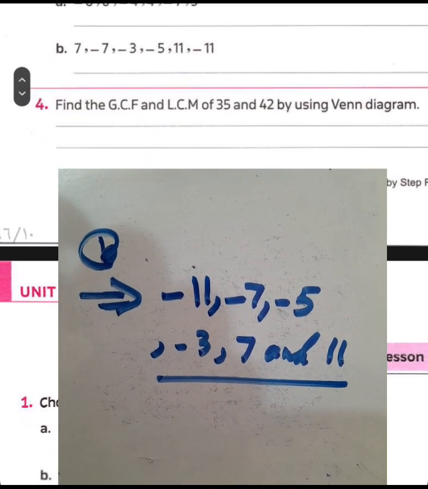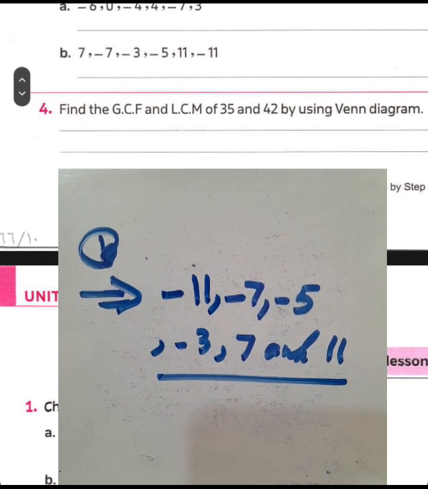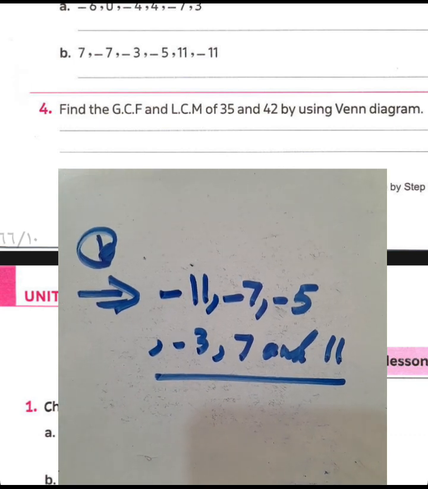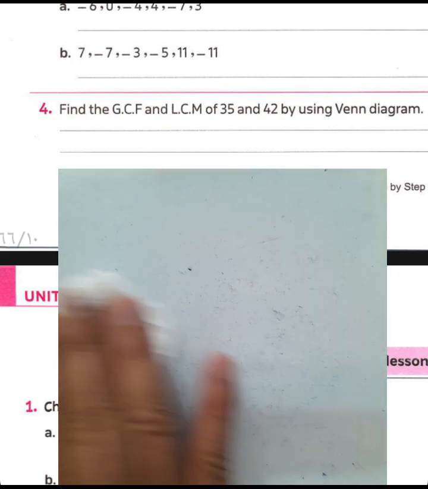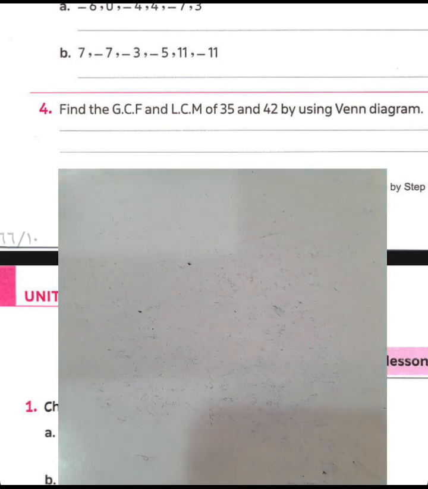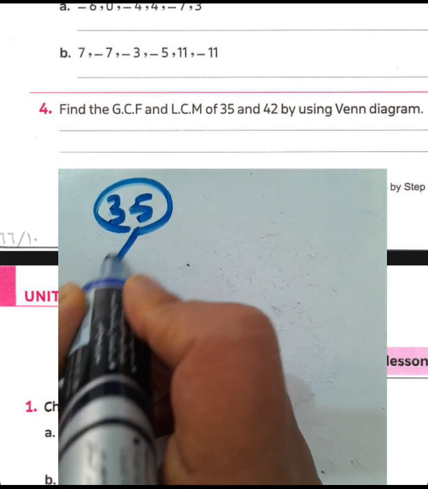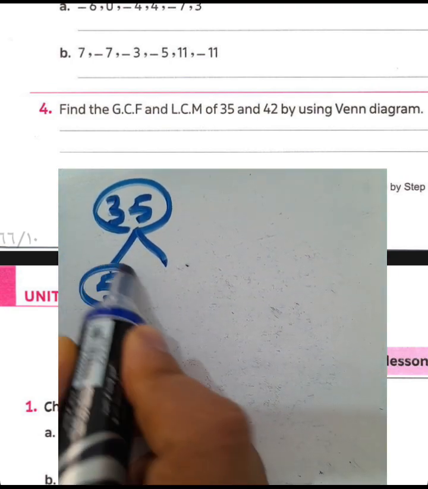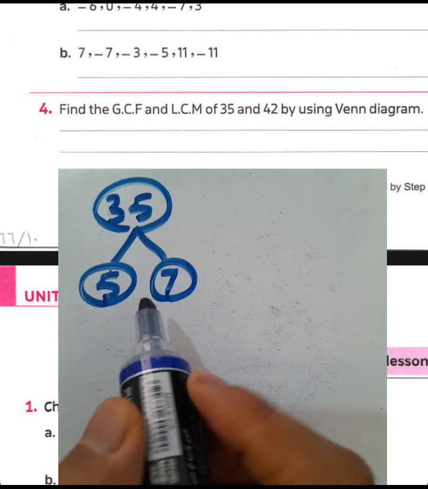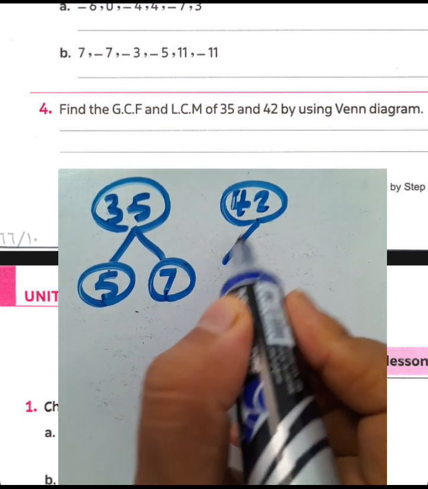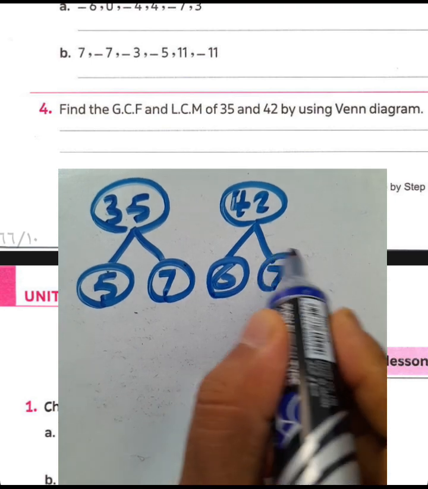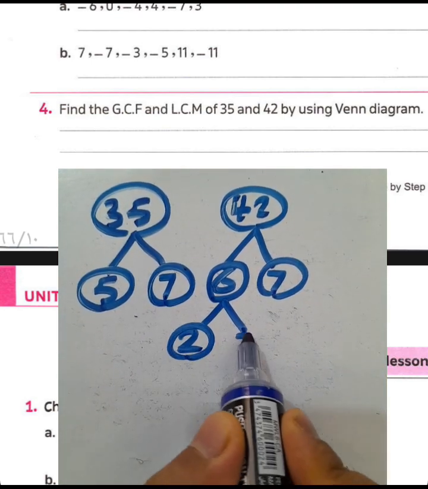Okay, question number 4, find the greatest common factor and least common multiple of 35 and 42 by using a Venn diagram. Okay, first we can factorize each number here to find the least common multiple and greatest common factor. First, 35, we can factorize it. 35 equals 5 multiplied by 7, and 42 equals 6 multiplied by 7, but 6 equals 2 multiplied by 3.